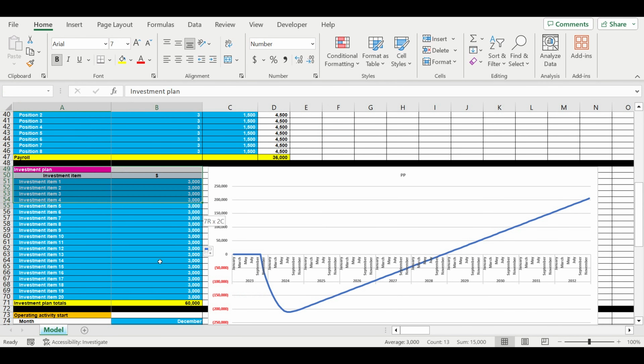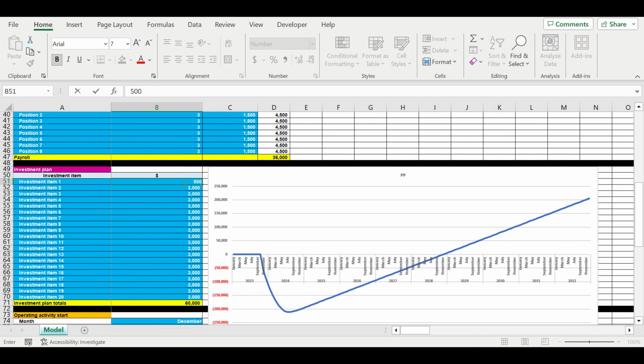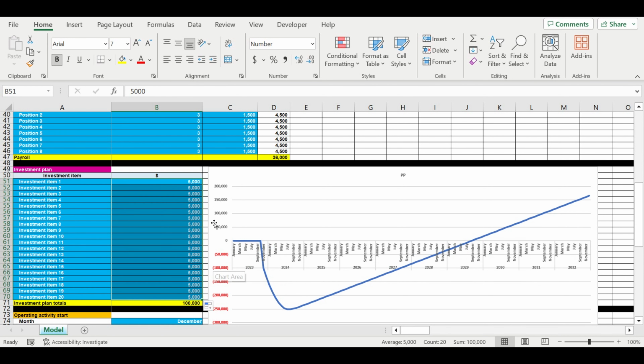Investment plan. Here we are writing what we are investing in. Then we're specifying how much we are investing in this or that investment plan item. In this particular, very simple model, we're assuming that the duration of investment stage equals just 1 month.